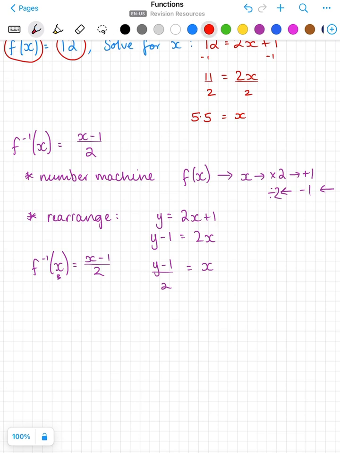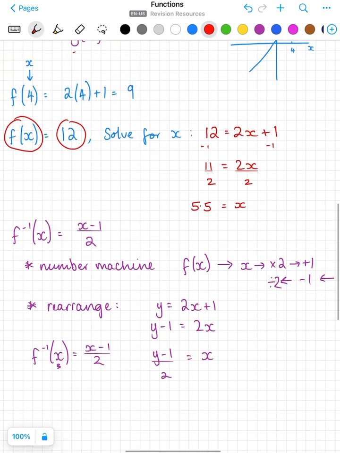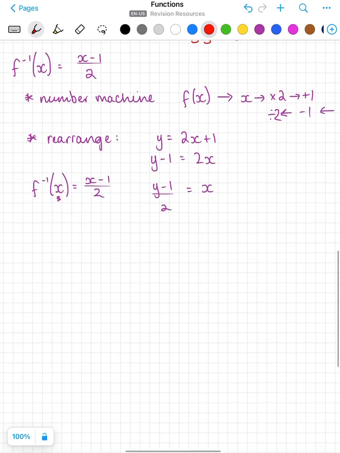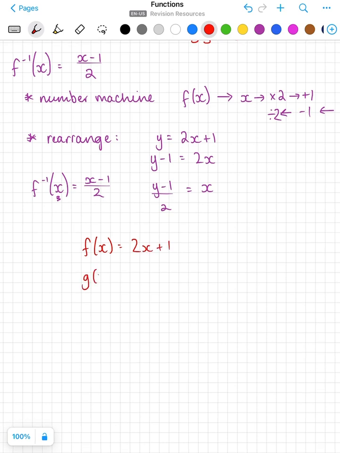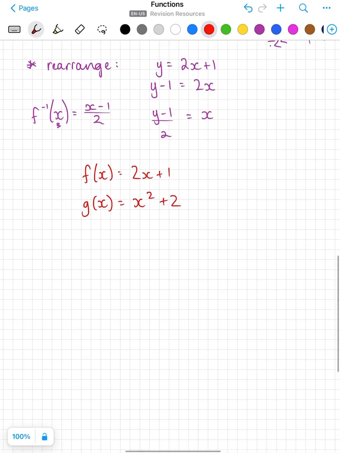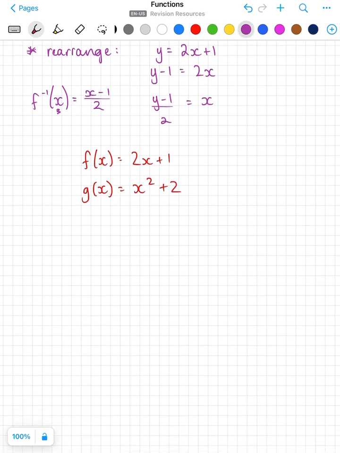Next, we're going to ease ourselves into composite functions. So we're just going to rewrite our functions below. So f(x) equals 2x plus 1 and g of x was x squared plus 2. We're going to start with a composite function like this: f of g of 2.